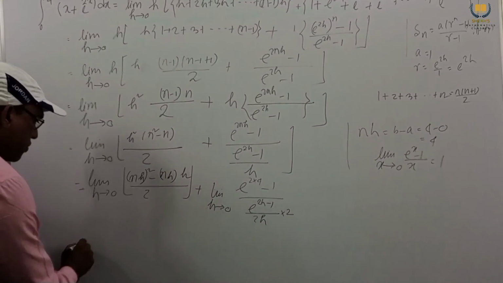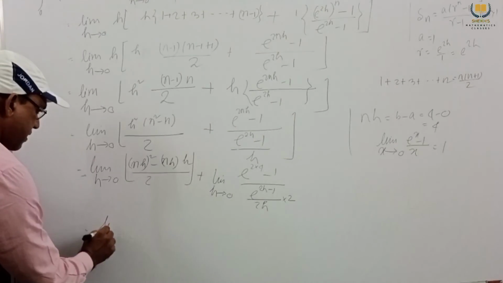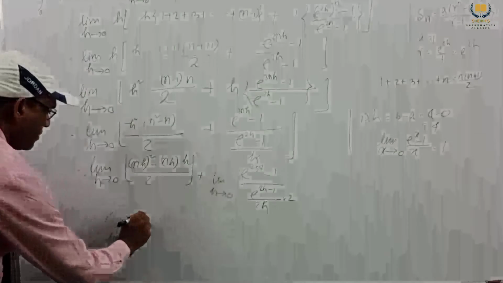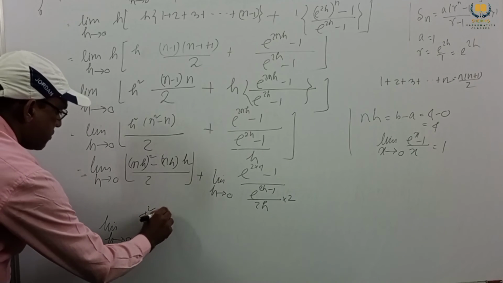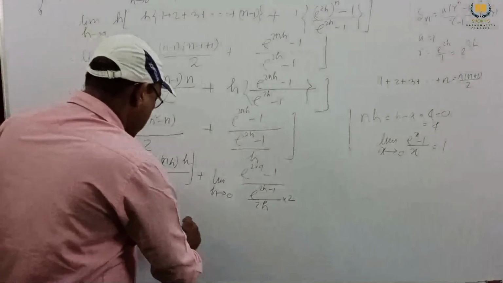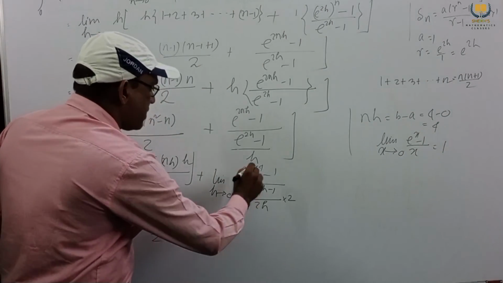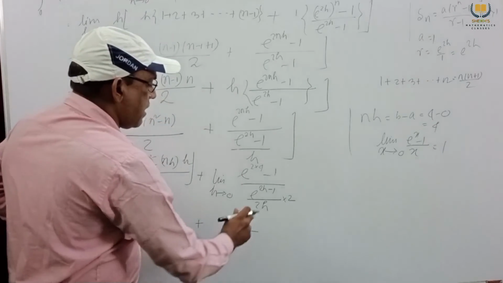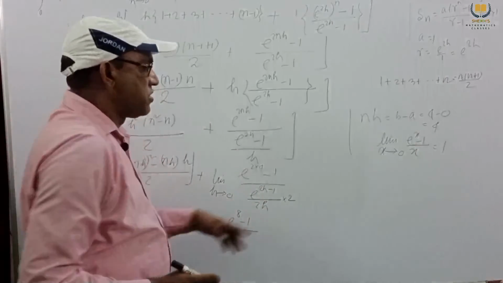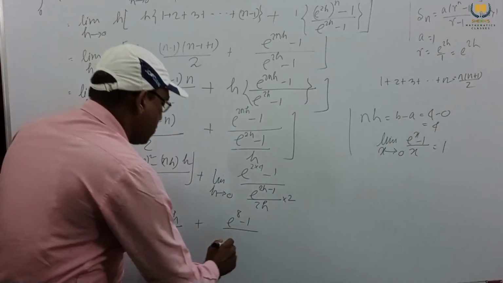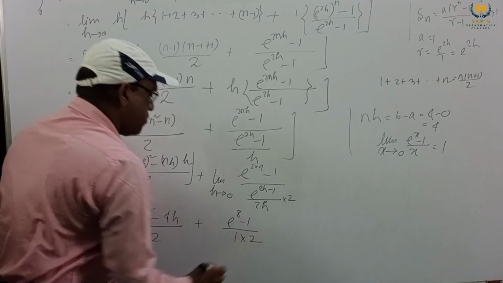So limit h tends to 0, nh means 4, this is 4h by 2, plus (e to the power 8 minus 1), and this value we get by using the formula (e to the power x minus 1) by x equals 1. So this value is 1 into 2.